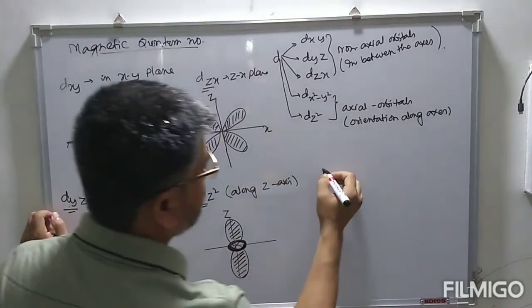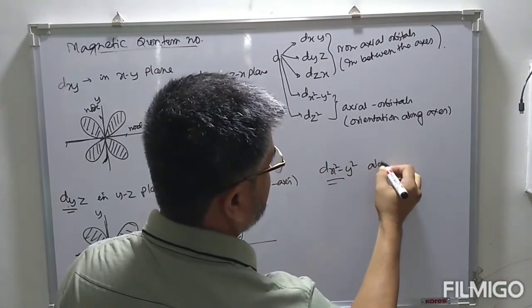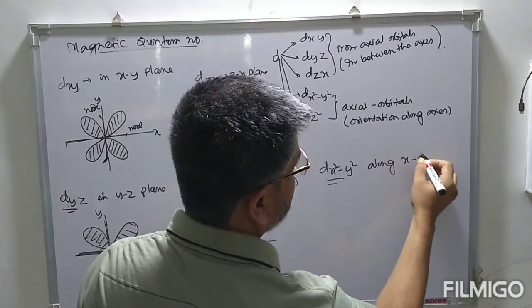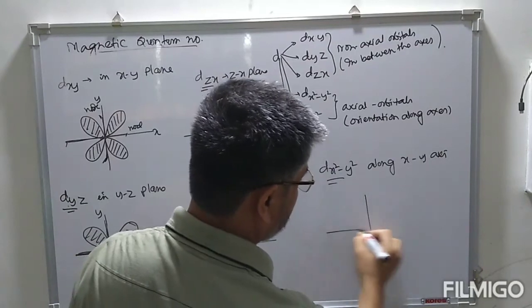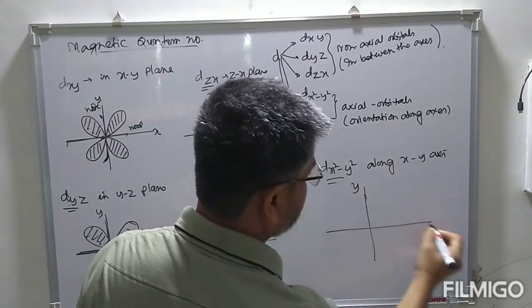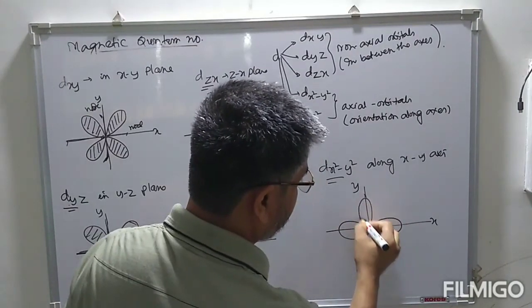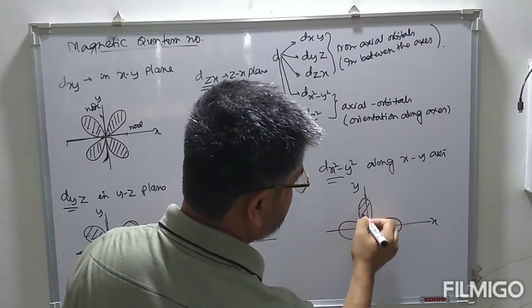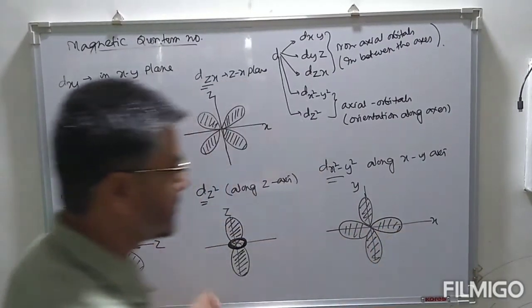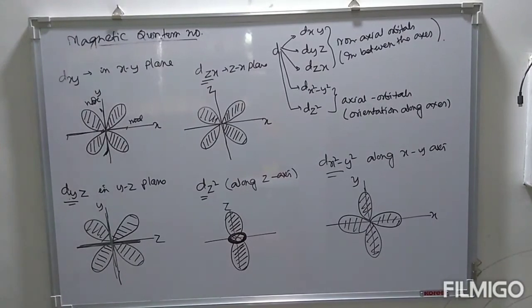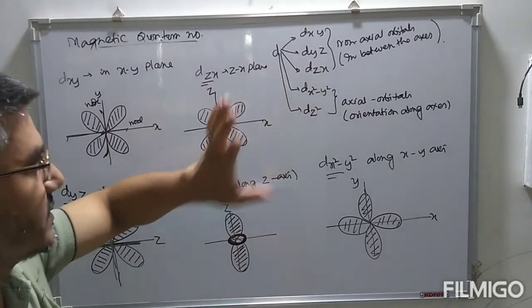And finally we have dx square minus y square along x and y axis. Suppose this is y, this is x. So this is purely along x and y. So these are the shapes of the 5 d orbitals.